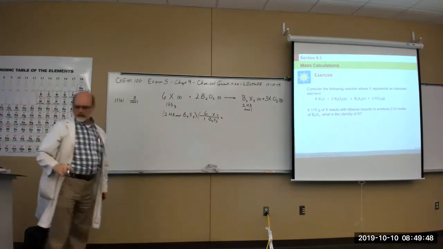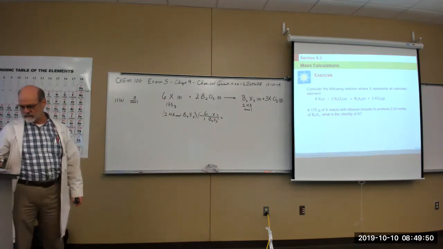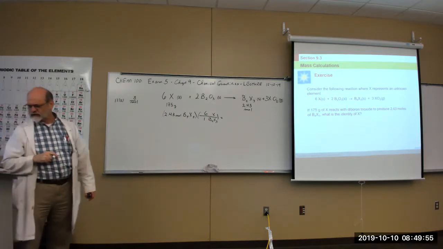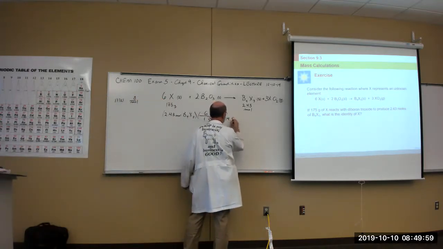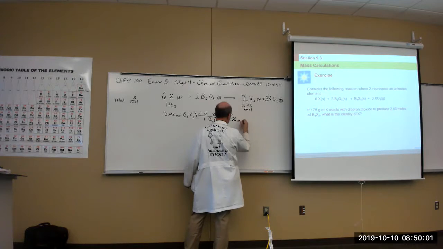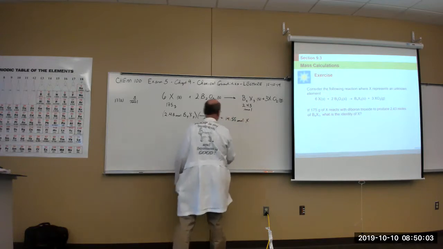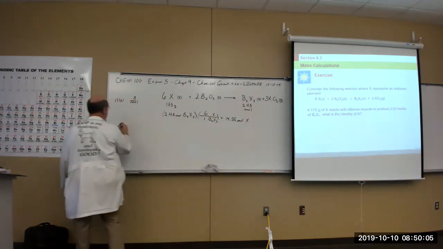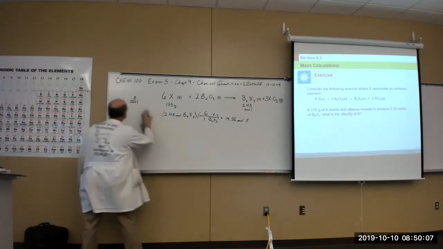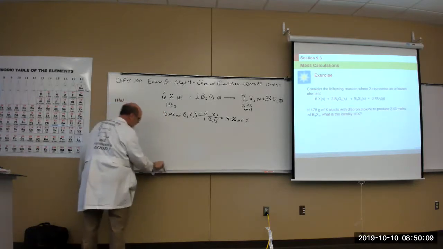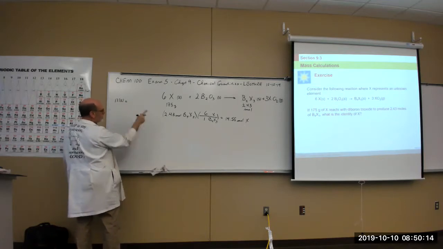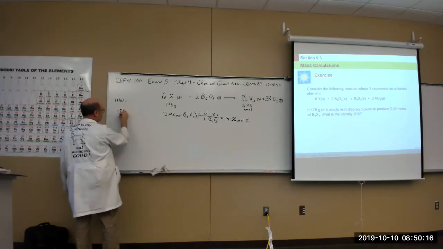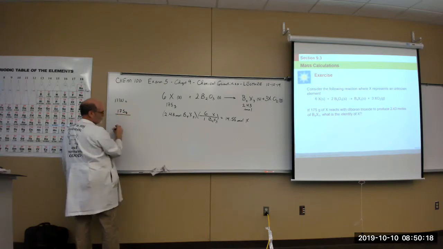So 6 times 2.43 is 14.58 moles of X. There we go. So molecular weight then of X equals grams per mole.